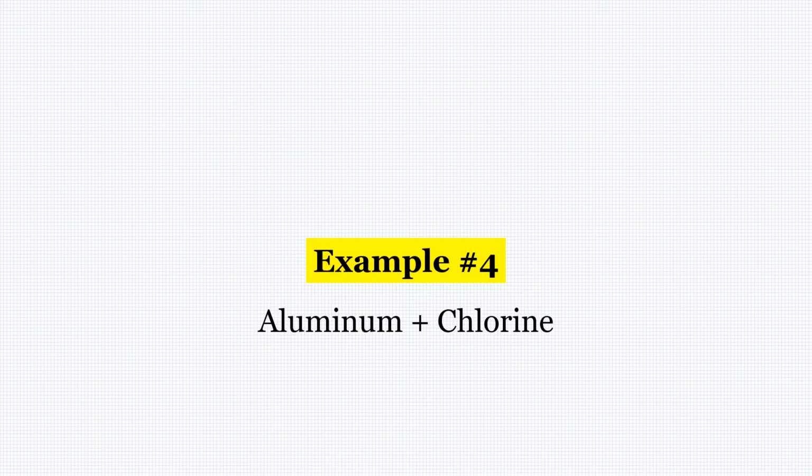In this final example, aluminum chloride, oh, this is supposed to be ammonium. Let me just make that correction. Ammonium chloride. Okay, so ammonium is our cation.